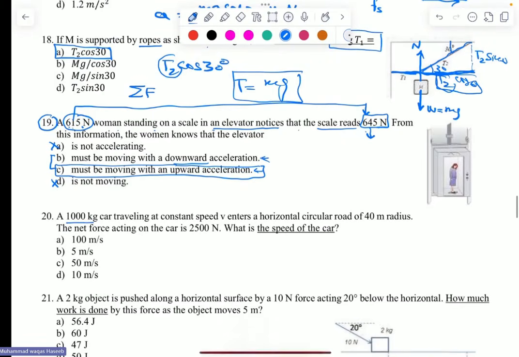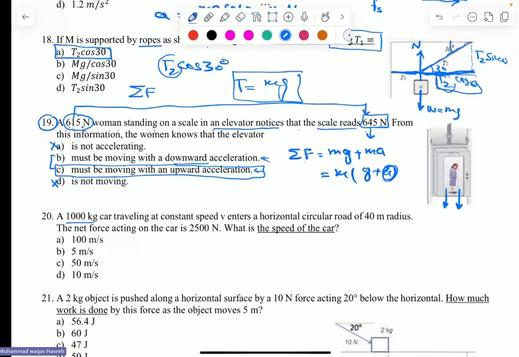For example, if the acceleration is in this direction and the gravitational force is in this direction, the sum of all the forces will be the gravitational force mg plus ma. m is common, so g plus a. It means you are adding the acceleration.